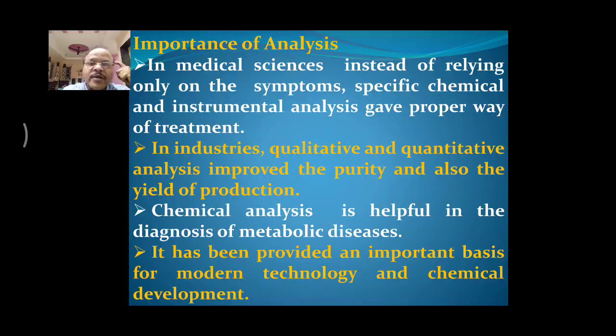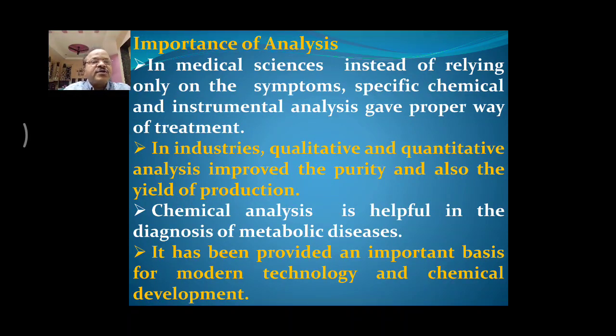But if the doctor gets chemical and instrumental reports in which chemical and instrumental analysis have been carried out, then looking at this analysis, the doctor can use a better treatment to treat that patient. So this is the importance of analytical chemistry in medical sciences.